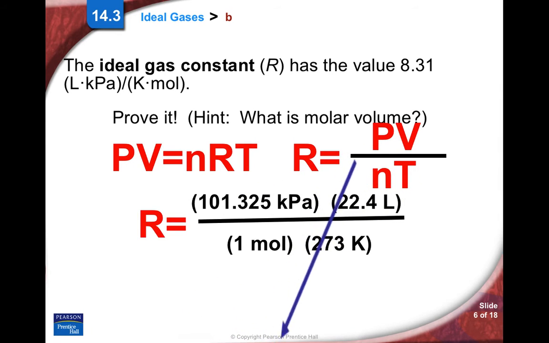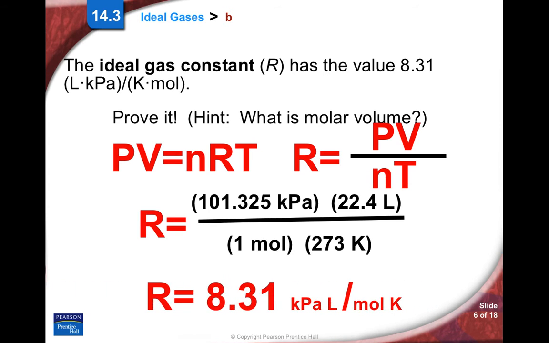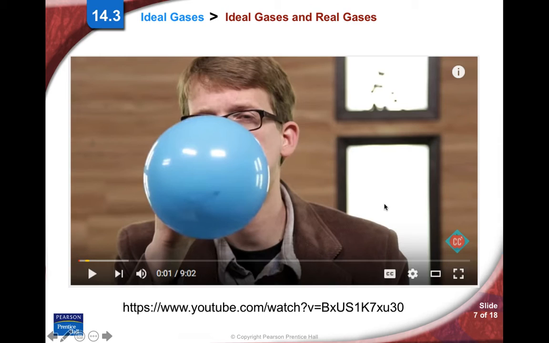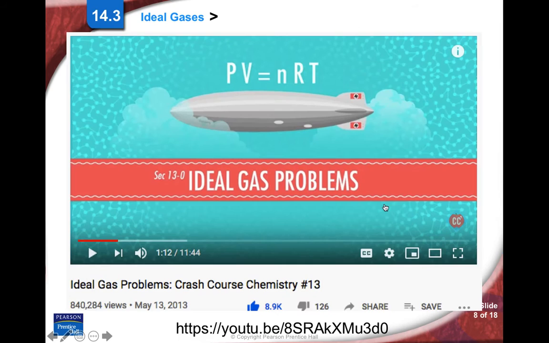Pressure 101.325, volume 22.4 liters, 1 mole, and again, 0 Celsius is 273 Kelvin. When you put that in your calculator, you will get 8.31. It's really easily calculated if you don't remember it, or if they play a mean trick on you and change pressure or change volume units. Hank is pretty silly, as you know.